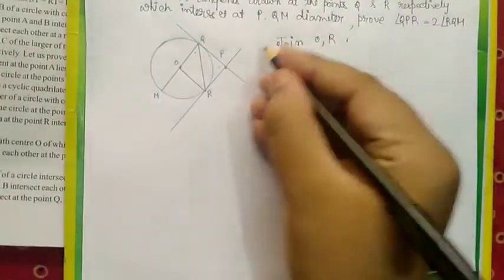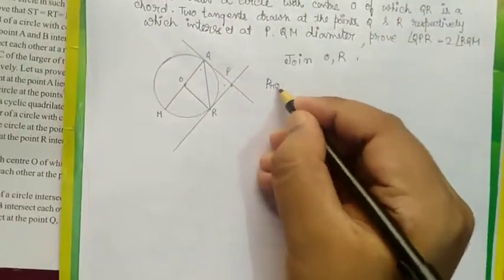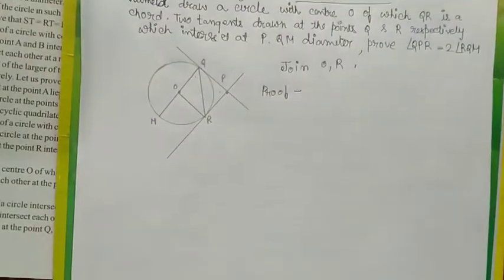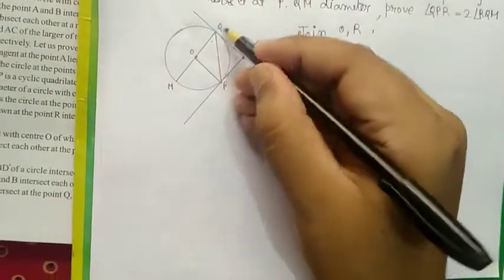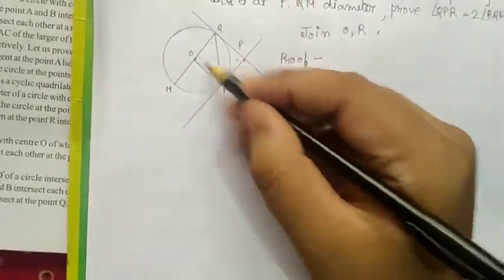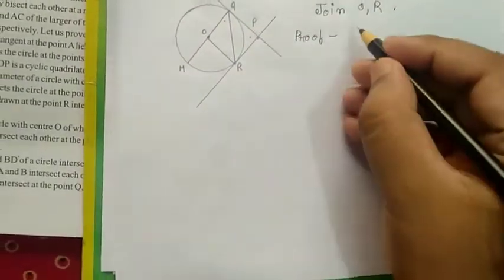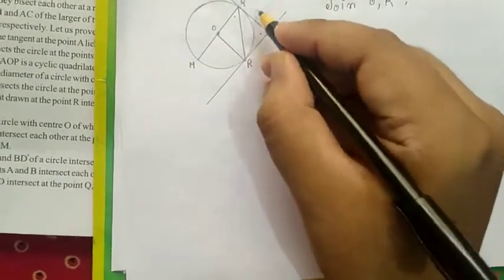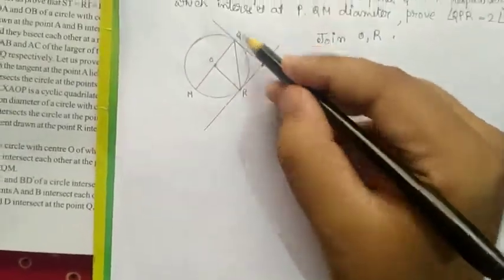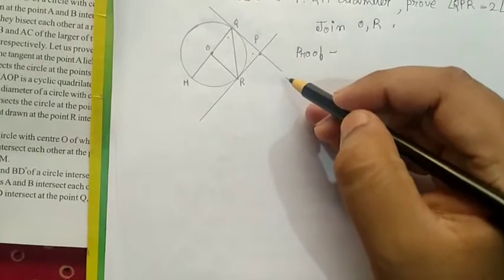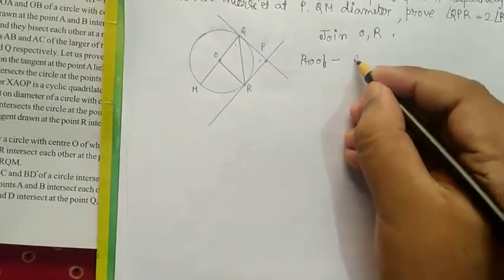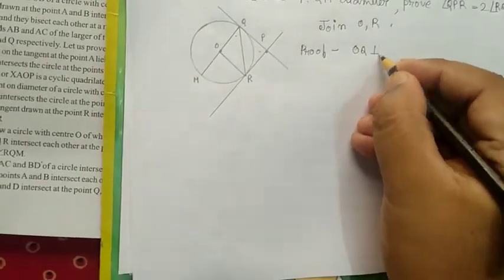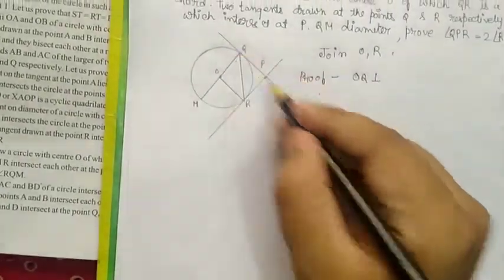Now the proof. OQ is the radius and OR is the radius. The radius is always perpendicular to the tangent. So we can say OQ is perpendicular to QP.